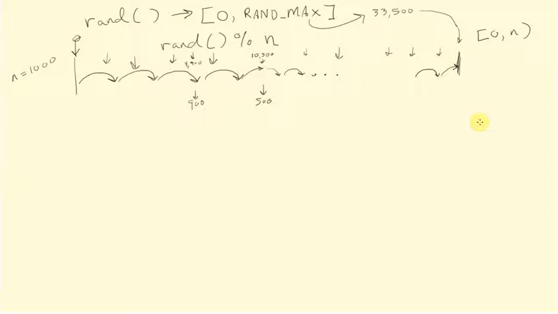You can kind of see how the values from 33,000 to 33,500, when they have modulus n done upon them, and n is 1,000, that means that 0 to 500 is a little bit more likely to occur than 500 to 999.